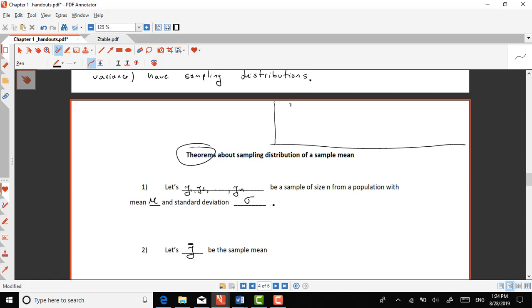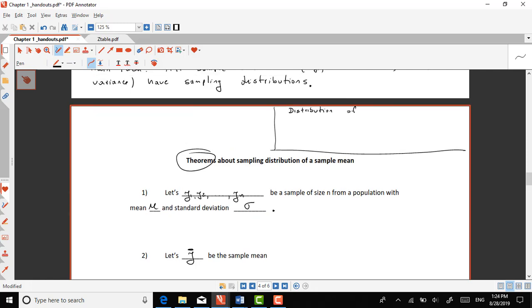So let's say the distribution of y versus the distribution of y bars. They don't have to be normal, but let's assume that they are.